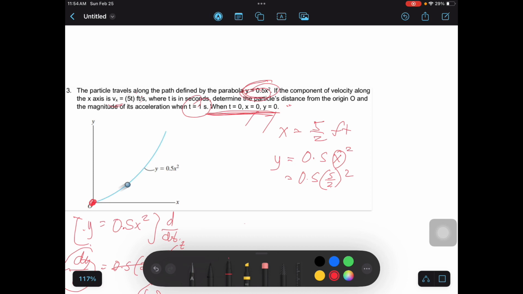So, X is 5/2. So, 0.5 times 5/2 squared. The answer is 3.125 feet.